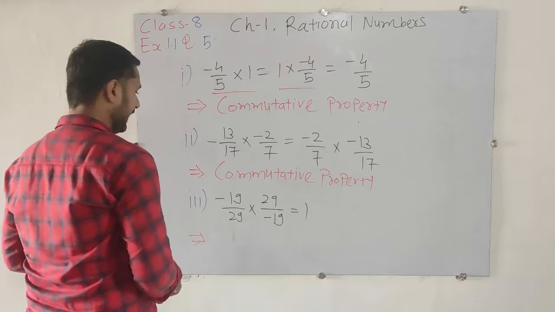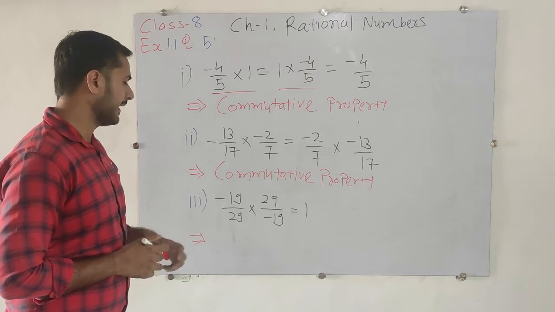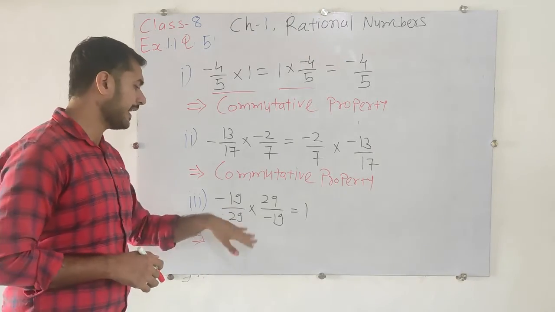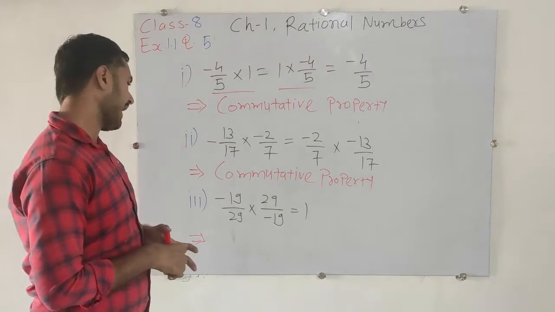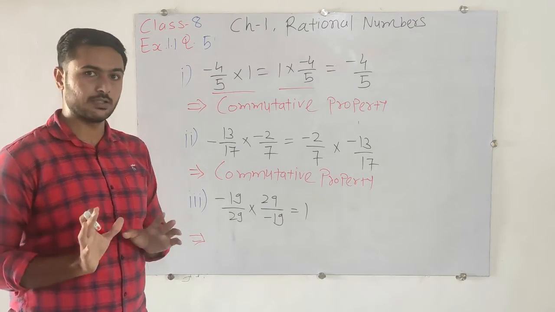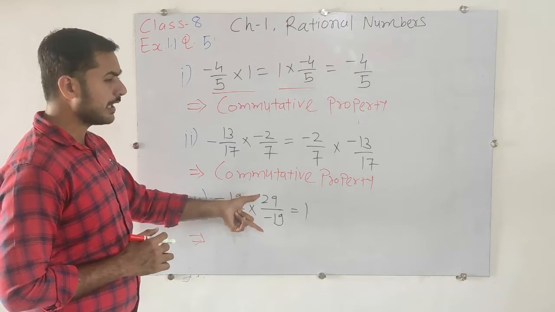Now, in the third one, minus 19 upon 29 multiplied by 29 upon minus 19 is equal to 1. By observation, right now I cannot find any property for that. But now just observe that here is minus 19 upon 29 and this is 29 upon minus 19.